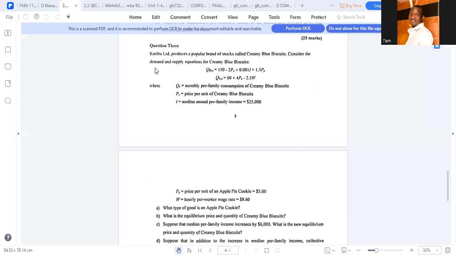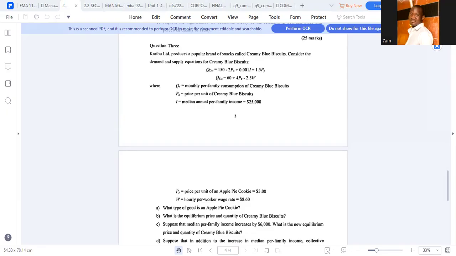So we're given that Karibu produces a brand of snacks called creamy biscuits. Then this is the demand function here, and we're given our supply function there. We're asked what type of a good is apple coke and to find the equilibrium. In this case, we need to substitute the given variables.